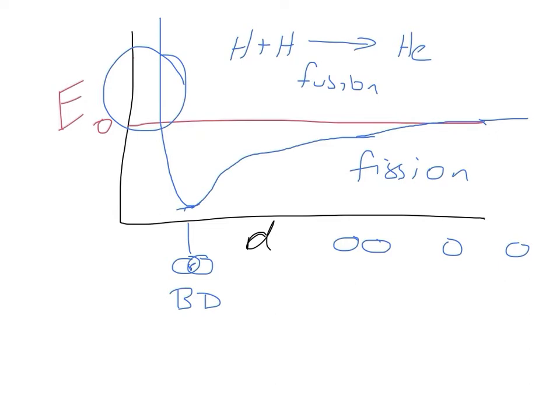Now, the key to why I'm talking about this is that we've never been able to get more energy back than we put in. In other words, the amount of energy we add to get past this hurdle is always more than what we get back when they fuse.